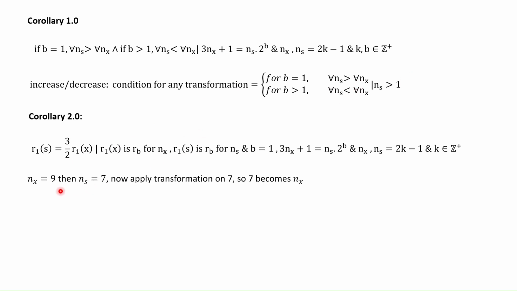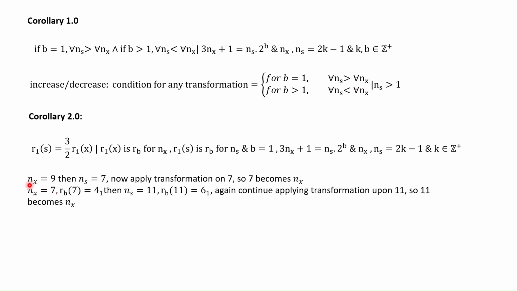Okay, now let's take an example. Let's consider nx to be 9. You apply transformation, you get 7. Now for 7, if you look at it in terms of rb, you get 4 1. Value of r is 4, value of b is 1. Now when you apply transformation on 7, the result you get is 11. Again, by transformation I mean 3n plus 1 followed by n by 2.